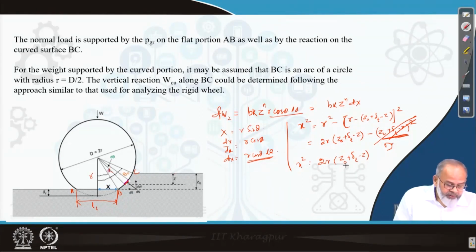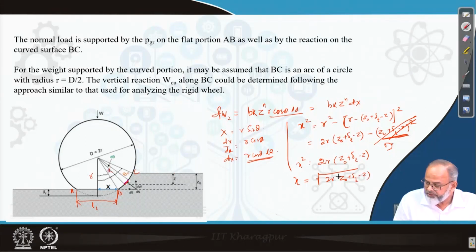Okay. Now x will be how much? Square root of 2r into z0 plus delta t minus z. Now if I differentiate this expression, what I get is 2x into dx will be equal to minus 2r into dz.